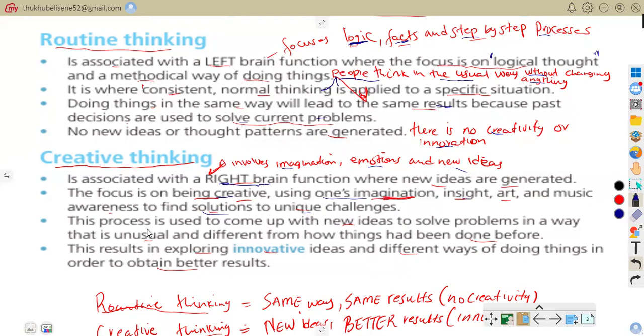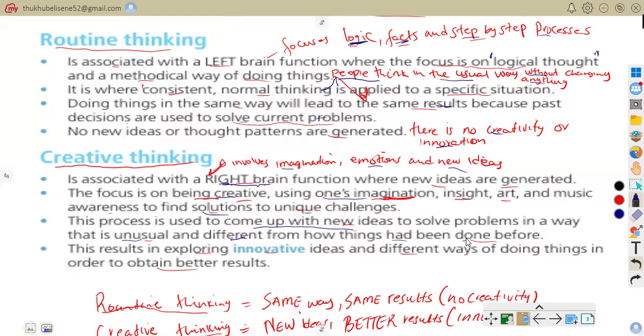So also it says this process is used to come up with new ideas, to solve problems in a way that is unusual and different from how things had been done before. So here we are talking about coming up with new different ideas.